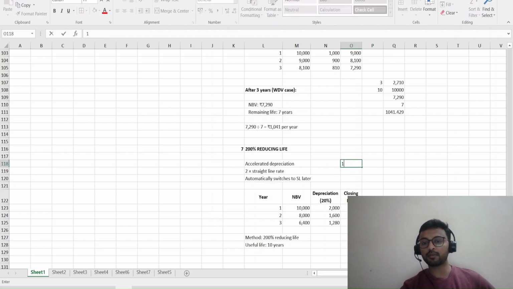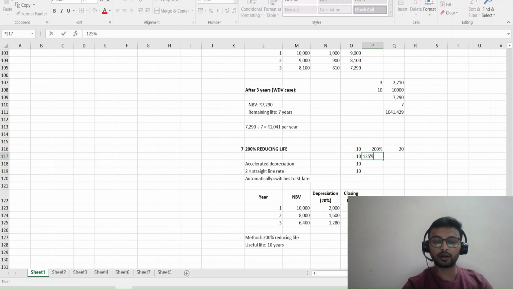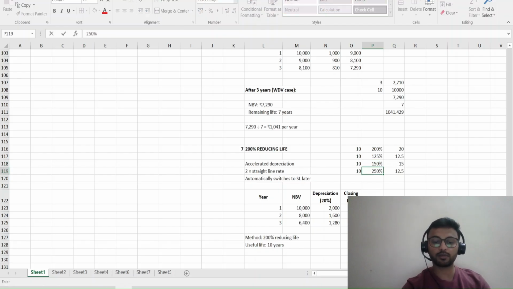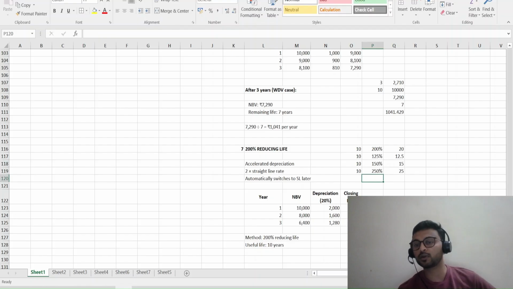If 10% is my rate, then 200% of this 10% is nothing but 20%. Similarly, if it is 125%, it will be 12.5%. If it is 150%, it is 15%. If it is 250%, then it is 25%. That's how it will work.